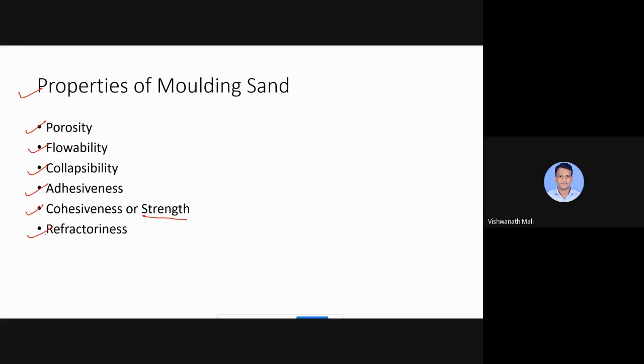One by one we will see the properties, what these properties are, and to test whether this molding sand has these properties, we go for sand testing. The last topic in molding sand is sand testing: permeability test, hardness test, that we are going to see.